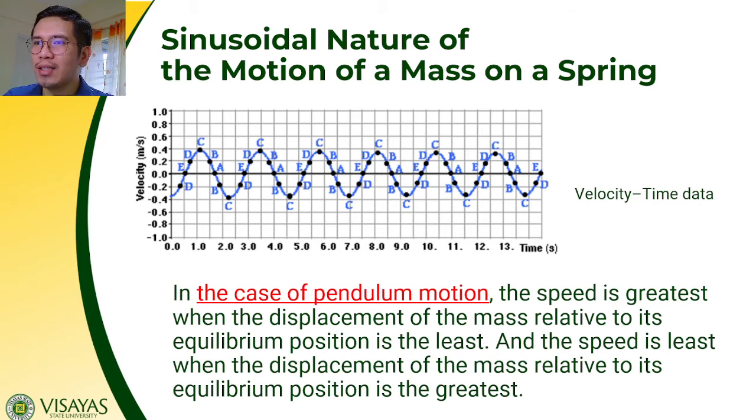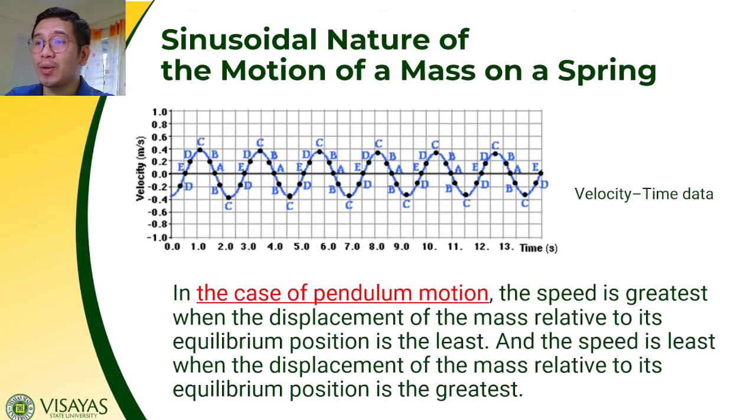In some cases, the velocity has a negative direction, like in the case of the glider moving toward the left, and its velocity is plotted below the time axis. In some cases, the velocity has a positive direction, like our glider moving to the right, and its velocity is plotted above the time axis.